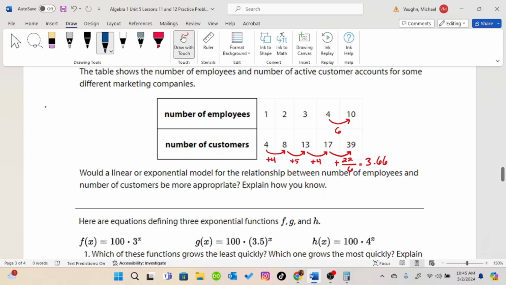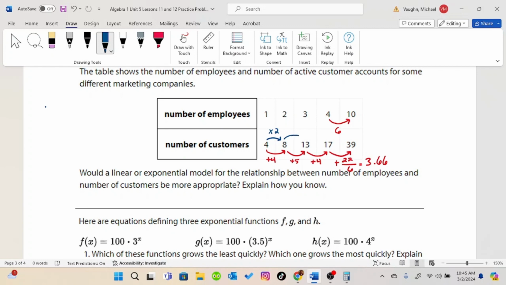Now we need to look and see if this was an exponential model. To do that, you take the second y and you divide it by the first. So here, 8 divided by 4 would be multiplying by 2.